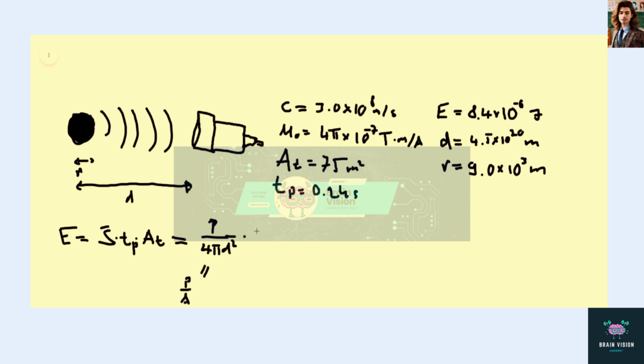So then I multiply this intensity by the time of the pulse and the area on which we are measuring the radiation, which is just the area of the telescope over here.